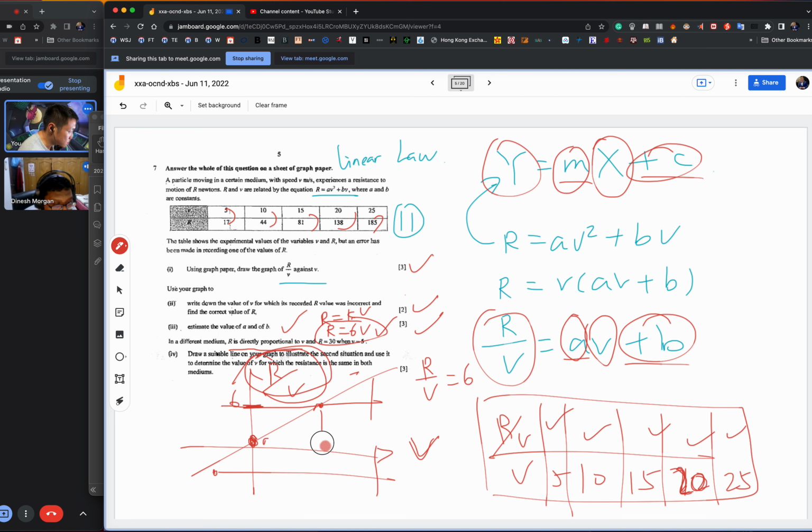That's your V. A lot of students go and draw R equals 6V, and there is no R. You can't. Let me emphasize once again: this graph is R over V versus V. So you need to get either R over V or something to do with V.